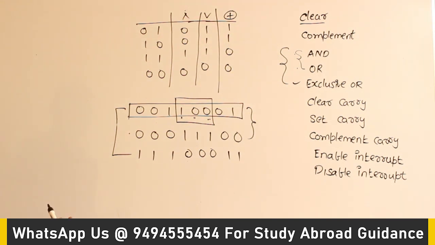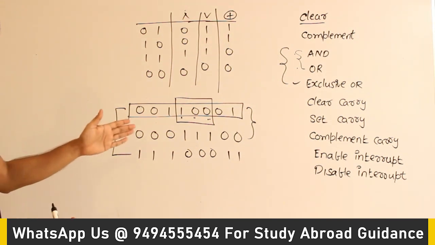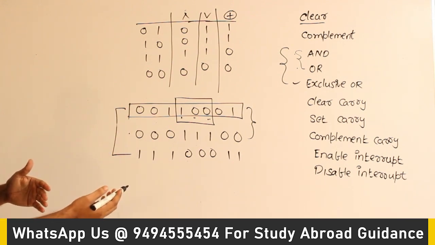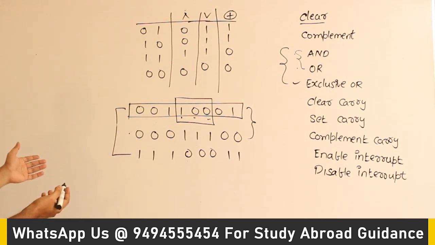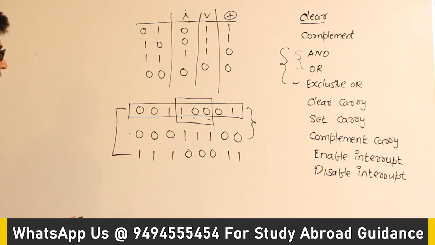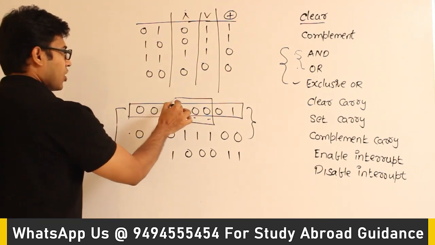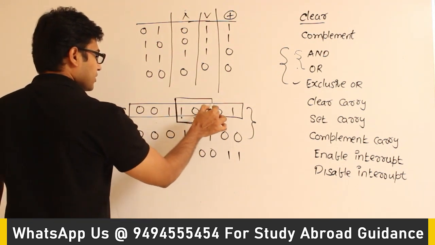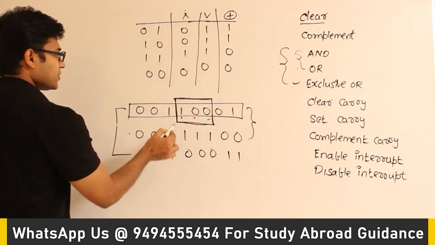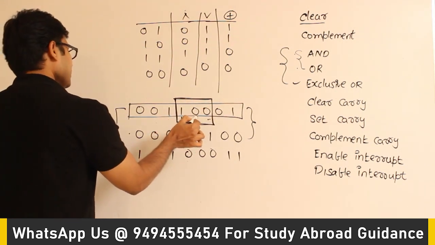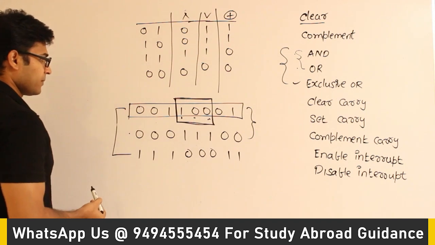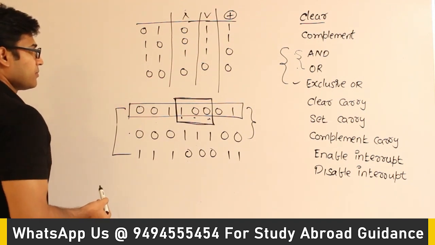Similarly, you can even complement the entire data. I'm talking about one's complement. You can do the complementation of the entire data or a part of it using exclusive OR. If I want to complement this part, which means this part has to become 0, these two parts have to become 1 and 1, then I can apply exclusive OR.